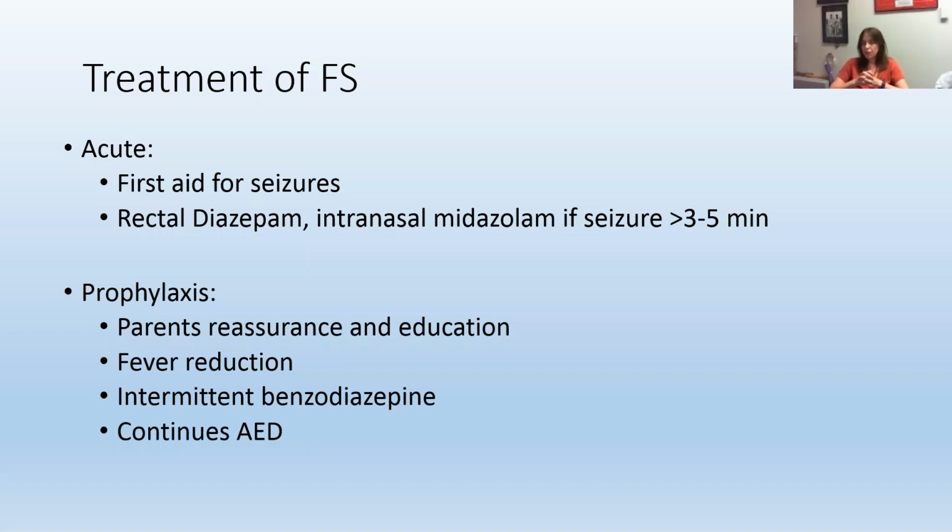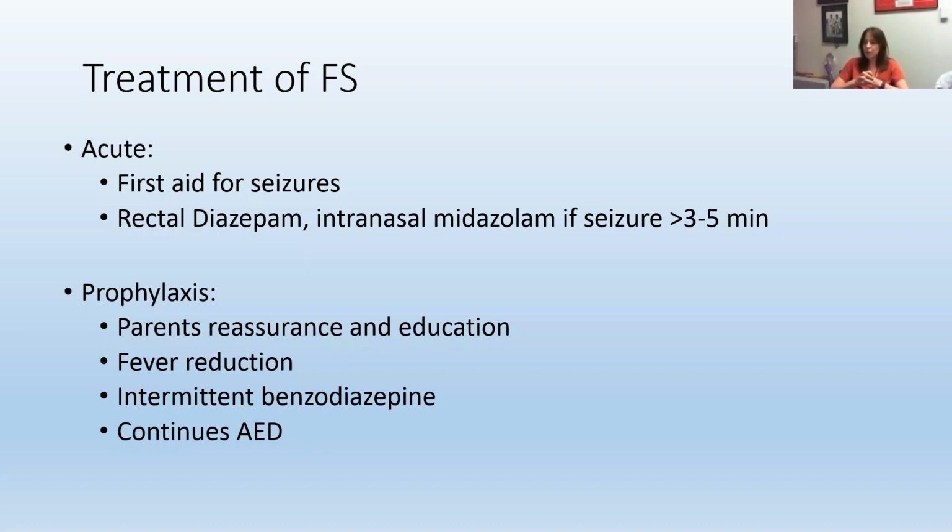It showed that this intermittent benzodiazepine might be helpful in reducing some recurrence of febrile seizures, but the criticism was that to get this result in one child, you actually treat 14 children unnecessarily.